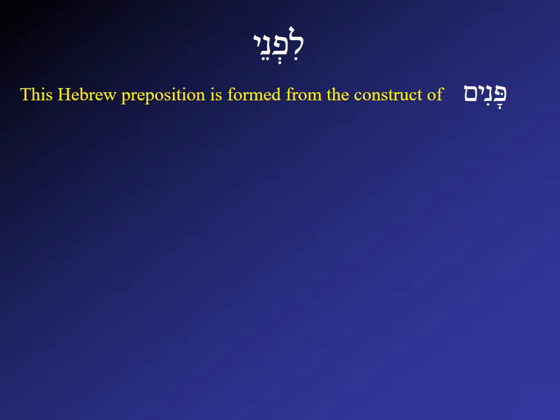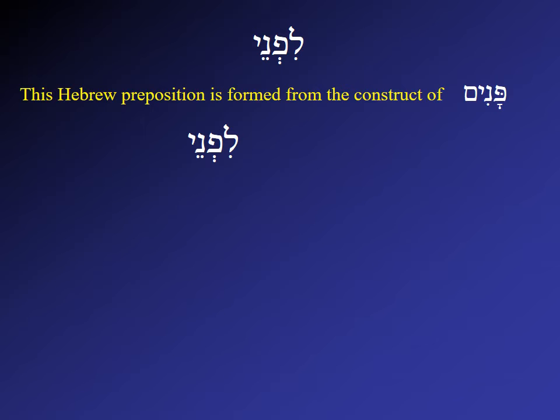Now there's one more thing to learn in this unit, and that is this form, lifnei, which is related to the word we just saw, panim. So all that lifnei is the preposition lamed attached to the construct form of panim, which is pnei. When we attach them, the two vocal schwas, the first one resolves there to a hirek.